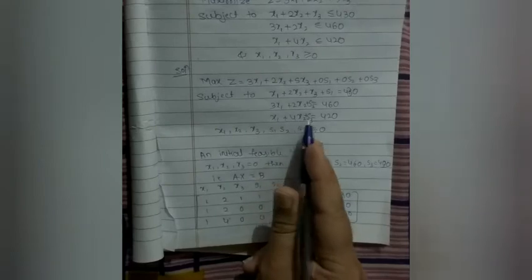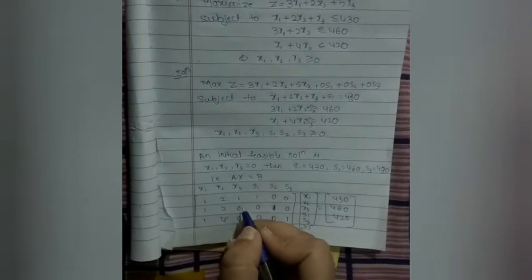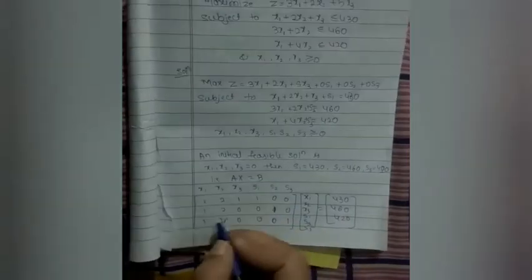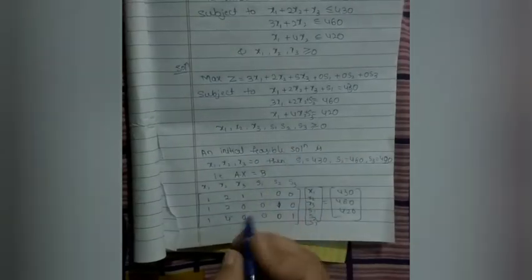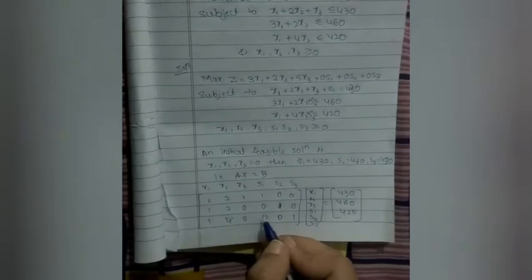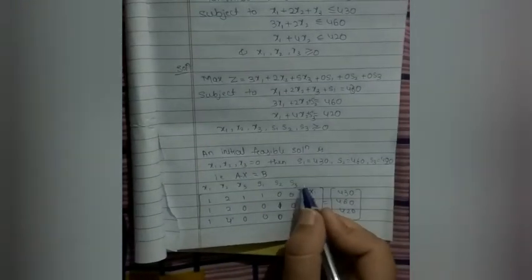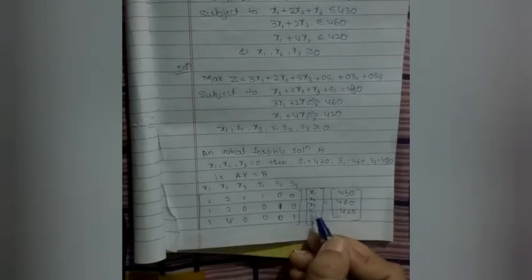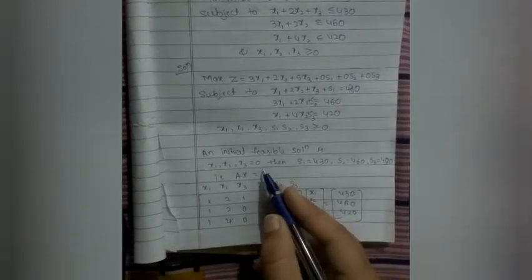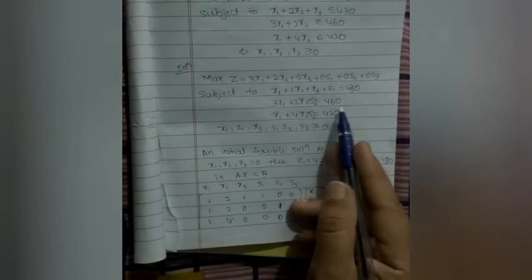In the second constraint, 3x1 plus 2x2 plus s2, it is 3 2 0 0 1 0, and the third constraint is x1 plus 4x2 plus s3, therefore 1 4 0 0 0 1. And x is the variables x1, x2, x3 and s1, s2, s3, equal to b. Here the RHS set of values is 430, 460 and 420.